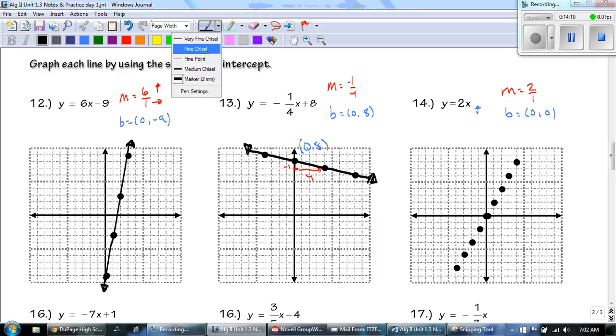And there we go. Now let's make our line using our straight edge. Ew, that one didn't look very nice. Here we go.